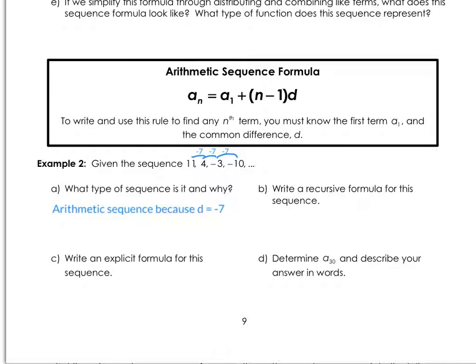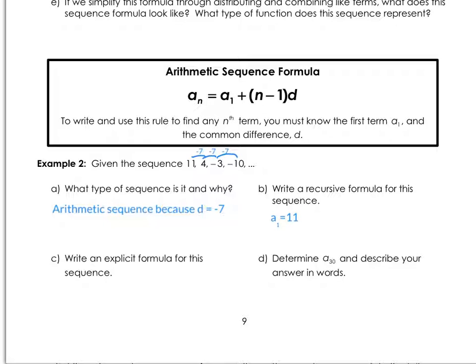The next part here says that we want to write a recursive formula for the sequence. Well, remember, recursive is the one that has 2 equations, so we have to give the first term, a sub 1. If I look at my list, the first term is 11, so I'm going to say a sub 1 equals 11.